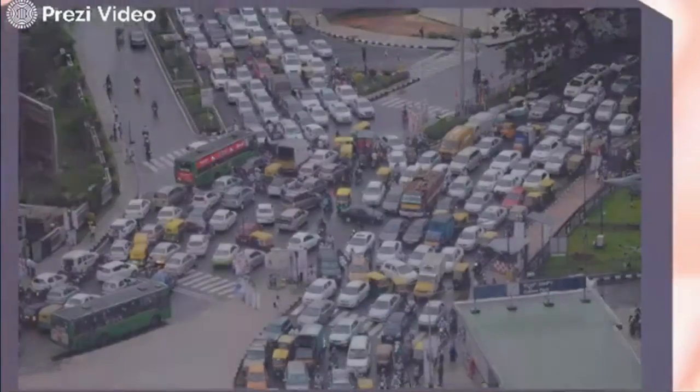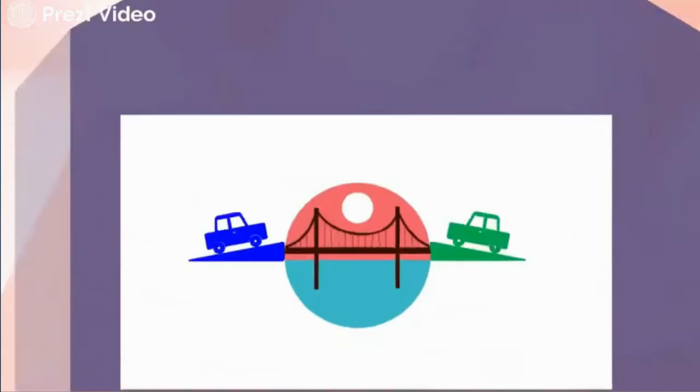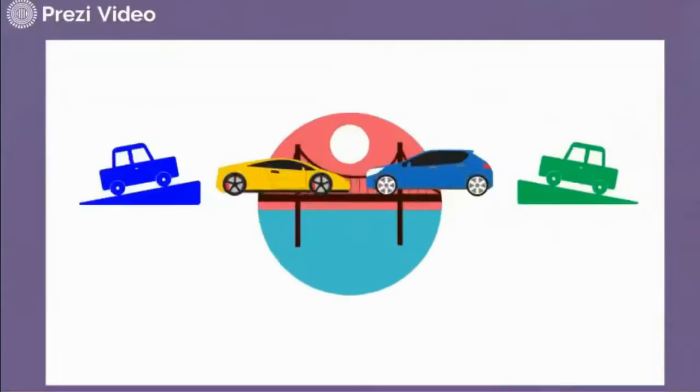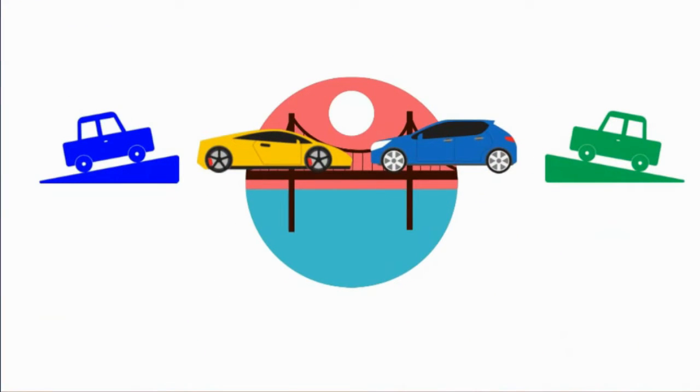Keeping this in mind, we move to a scenario of a one-way bridge. In this one-way bridge, only one vehicle can cross at a time. No two vehicles can cross. Suppose one vehicle from the left direction and another vehicle from the right direction are trying to cross the bridge; only one can move. Unknowingly, if two vehicles have entered the bridge, there is no way they can move to the other side.